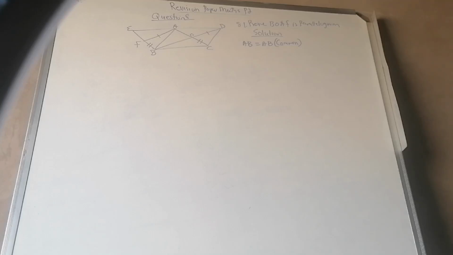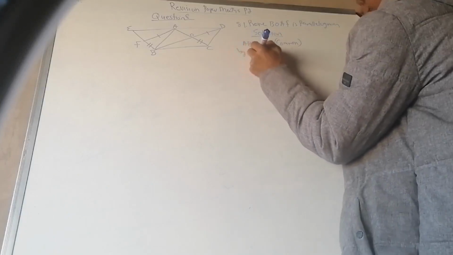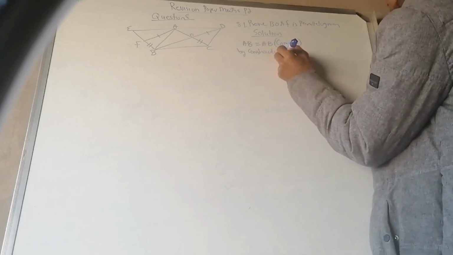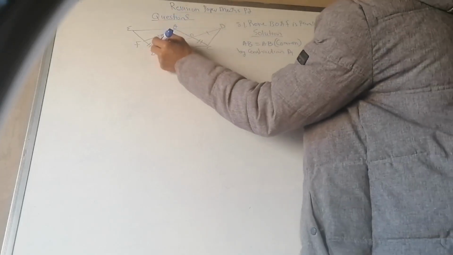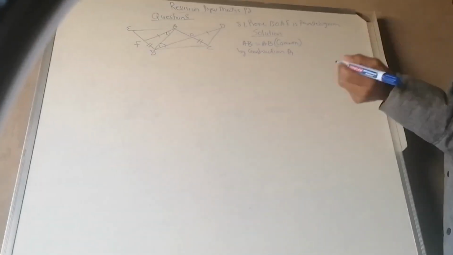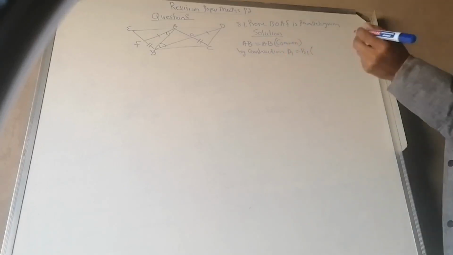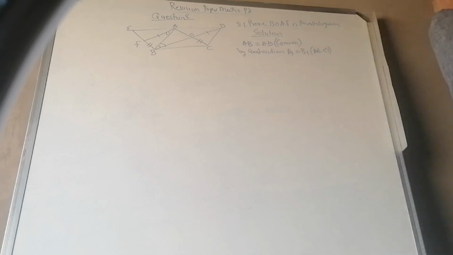By construction, angle A1 equals angle B1. Reason: alternating angles. Why am I saying that?